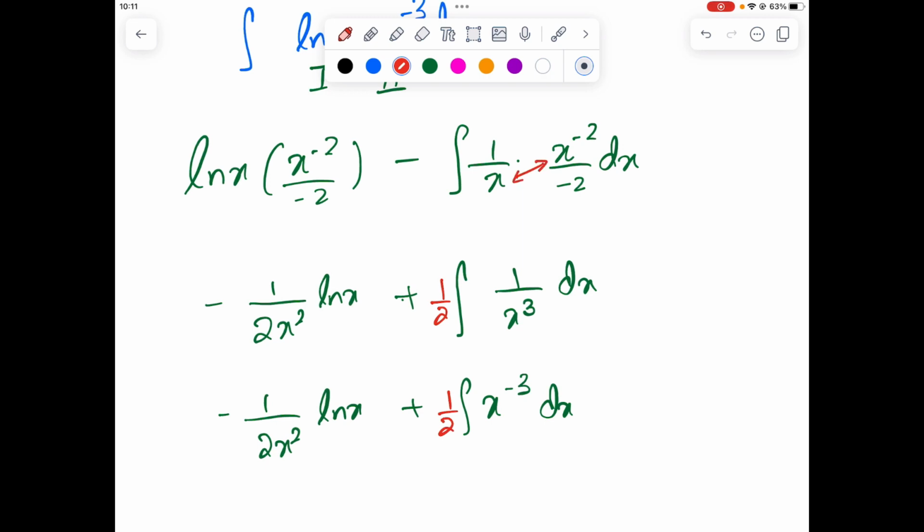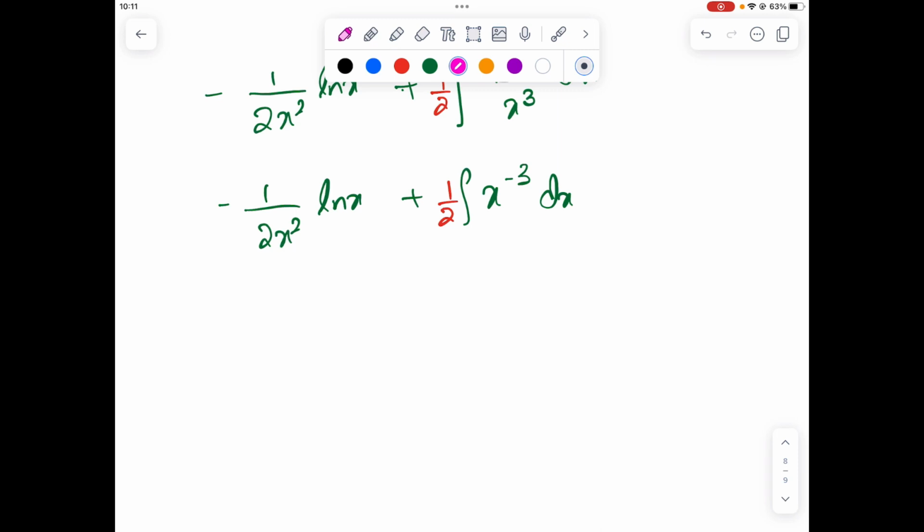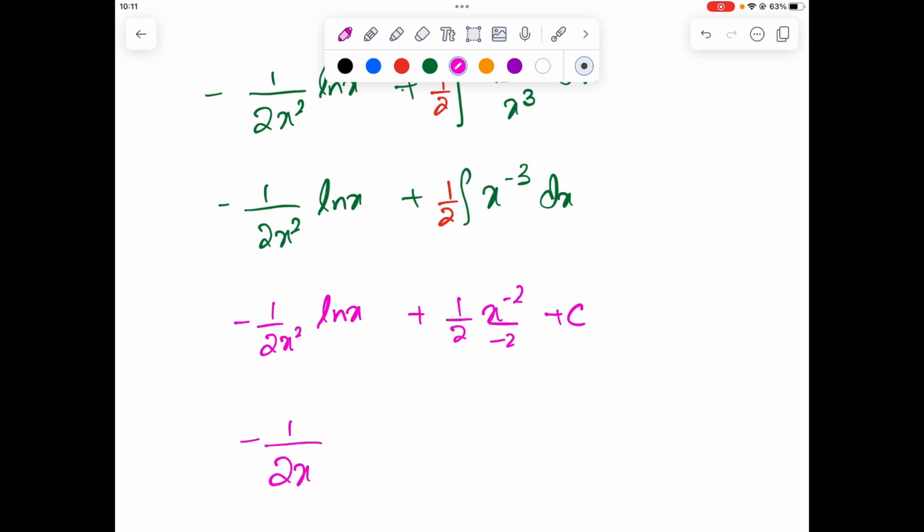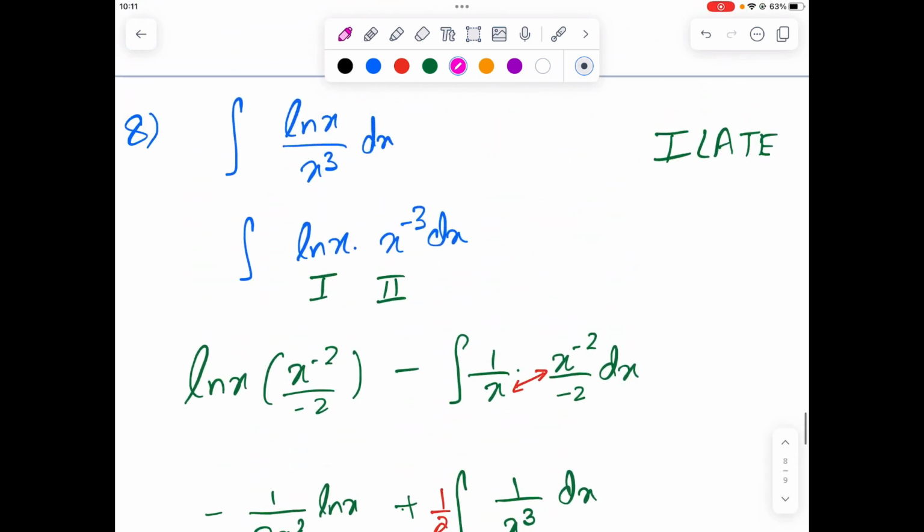This x and x power minus 2 becomes x power 3 in the denominator. So what does that become now? Negative 1 upon 2 x square ln x plus 1 upon 2 times x power negative 2 upon negative 2 plus c. So my final answer is minus 1 upon 2 x square ln x minus 1 upon 4 x square plus c. That is question number 8.